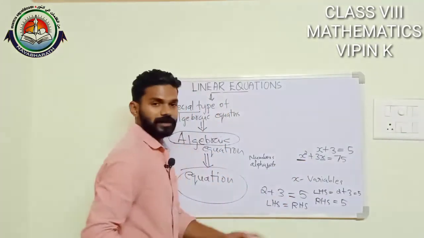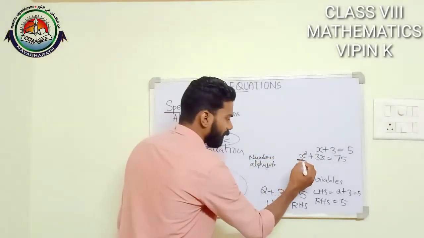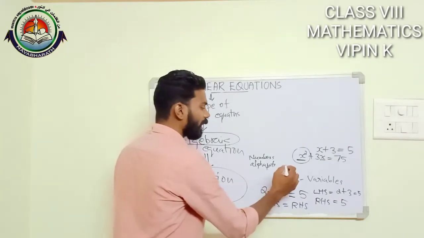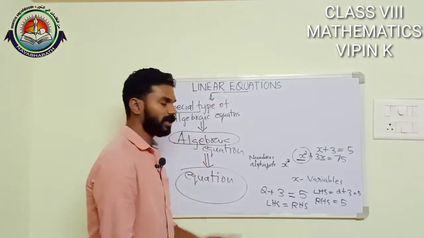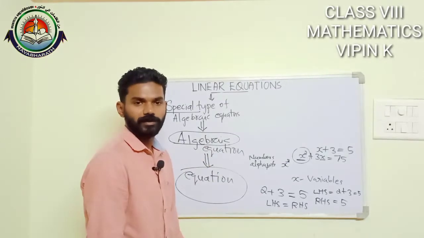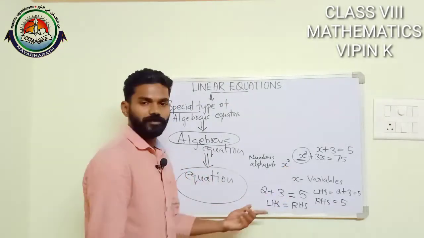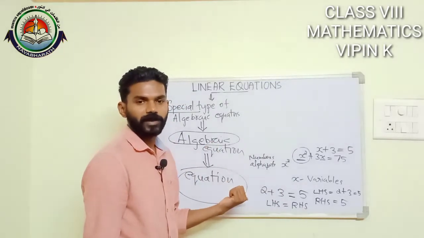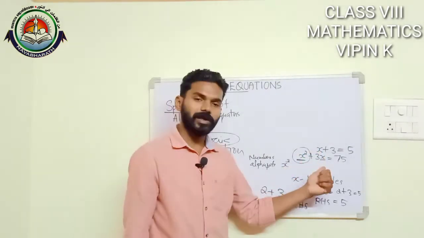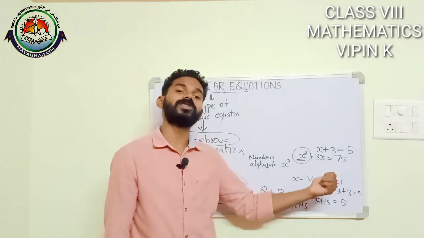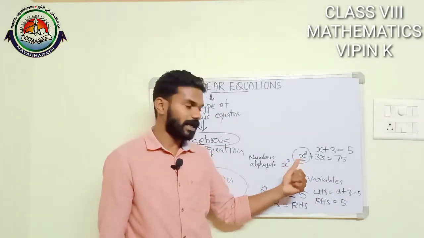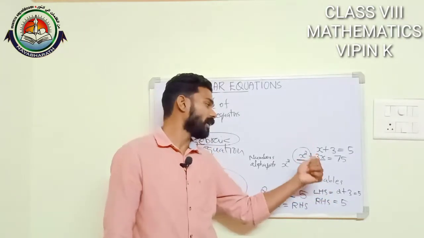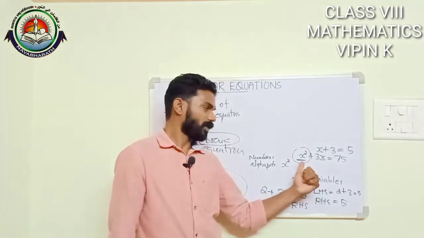Here is the second power of x, which means x square. We can have the cube of x also in an algebraic equation, or any power of x. So in the second equation there are powers of the variable.